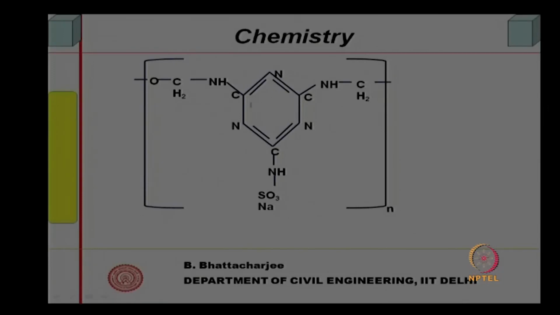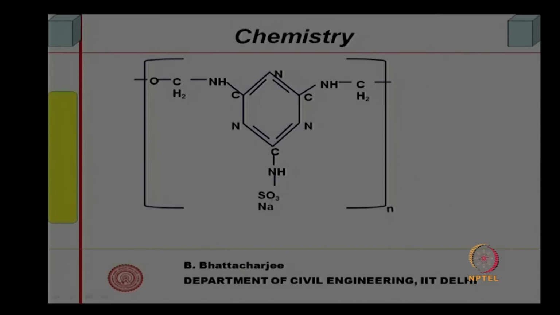So, this is the naphthalene double ring replaced by melamine, which has 3 nitrogens in the ring instead of carbon. Everything else remains the same, and here is your SO3Na, which is the main important component.